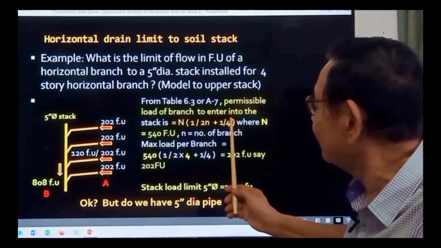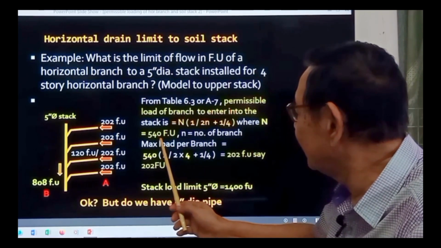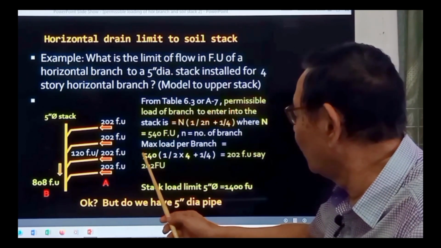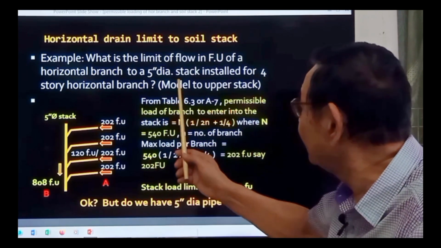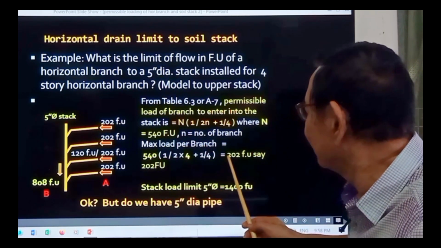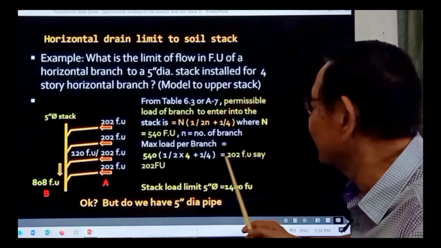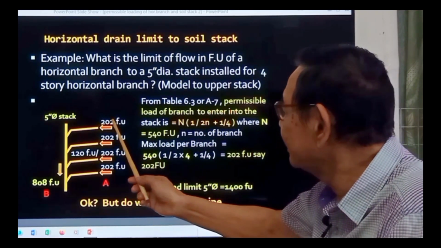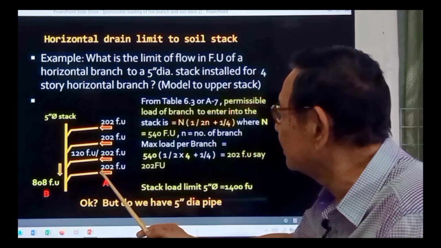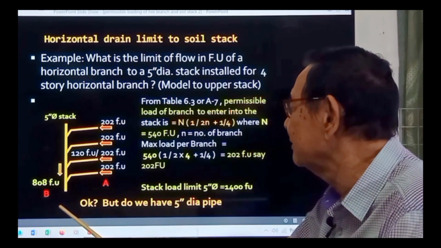May formula tayo. So you substitute it, 4 inches here, the 540. The 5 inches is 202 fixture units, say 202, so 800.